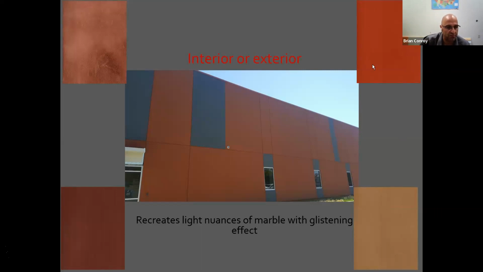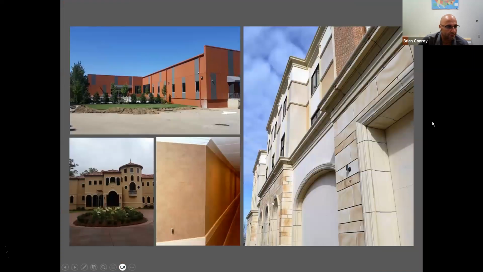But once you get larger than that, the applicator has a very difficult time keeping it smooth without getting it messy and nasty. It can get a mottled look. Sometimes you want that mottled look. It's just really tough to make sure these things work the way they need to work. So smaller boxes are better. Again, some of this looks like interior as well. You can use this for interior, not a problem.